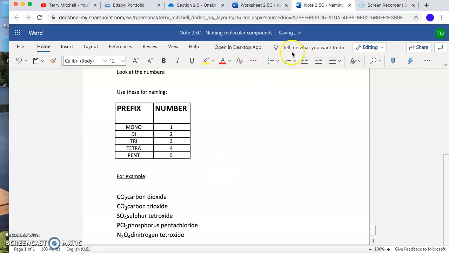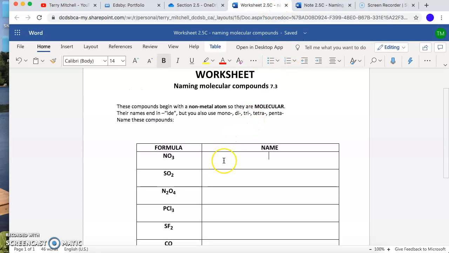So you will have a worksheet today. It looks like this, and you have to name them. So just going over how to do this again, we list the first one, nitrogen, and if there's only one of them, it just stays nitrogen. Down here, this would be dinitrogen because there's two. But for the second atom type, we do have to tell how many there are.